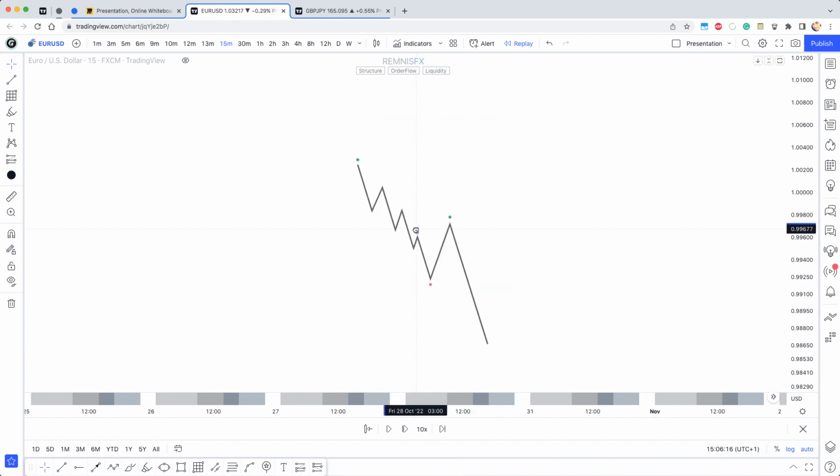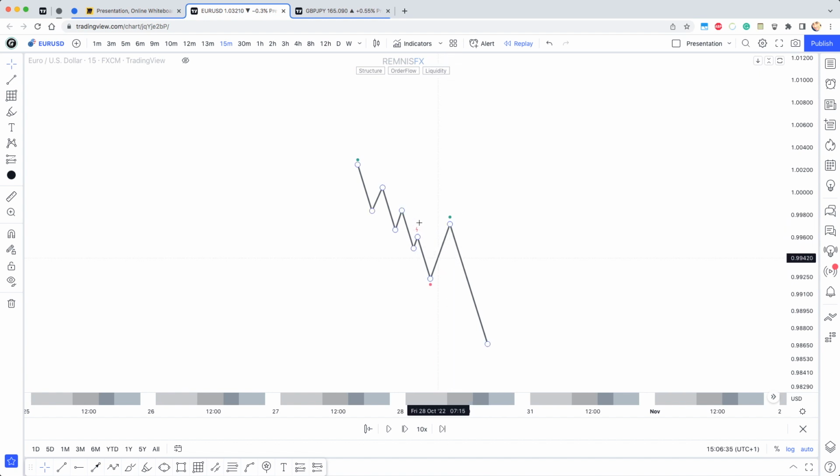Okay, so your last pullback got liquidated by this deeper pullback, and if you look at these smaller pullbacks, right, as I explained in my video, always look for the deeper pullback, because most of the time these are the liquidity sweeps.